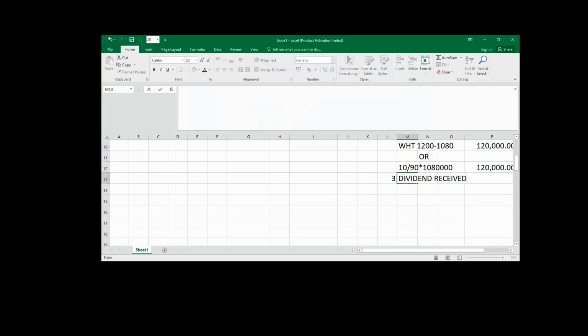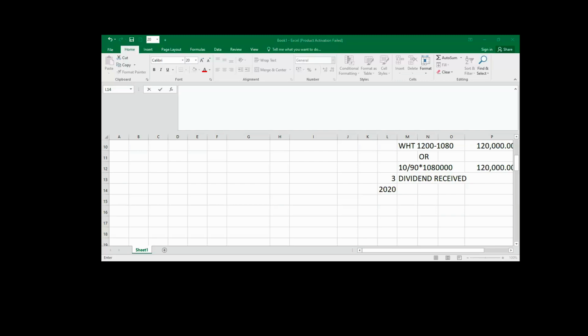For dividend received in the first year, 2020, net they receive 360,000. It's the same amount, 360,000. And what is the percentage of withholding tax on dividend? You can tell me. 10%. It's also 10%.